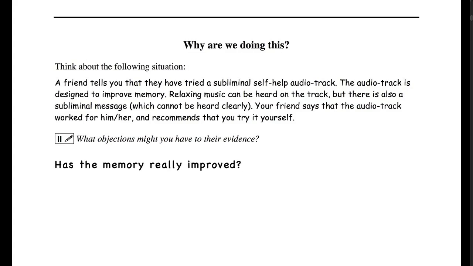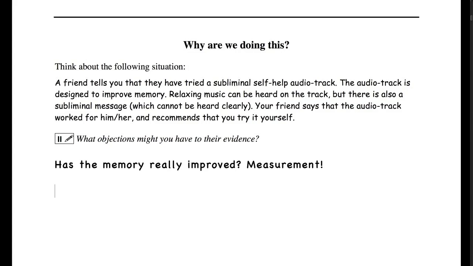And in order to know whether the memory has improved, we need some kind of measure of how good memory is. We need to take some measurements. Perhaps we might do that before and after the technique to see if there's been some kind of improvement. And what we're going to have is some kind of number that represents how good the person's memory is, and in particular, how good it is after using this audio track.